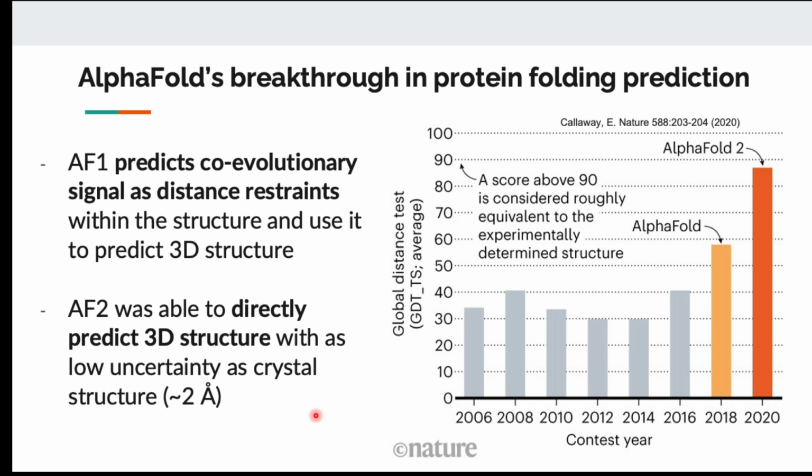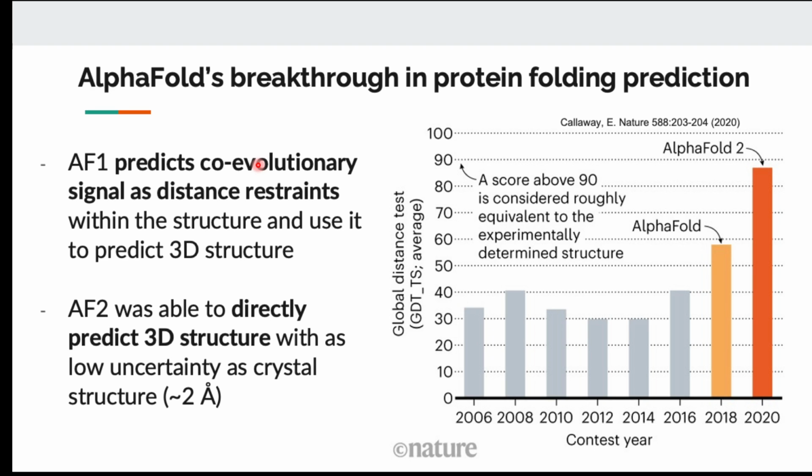And what happened between 2018 and 2020 is when Google first entered the competition. So in 2018, AlphaFold version 1, this is the one, this is kind of before the one that you heard in the news. What AlphaFold version 1 did well when it joined was predicting the coevolution distance, the coevolution signal.